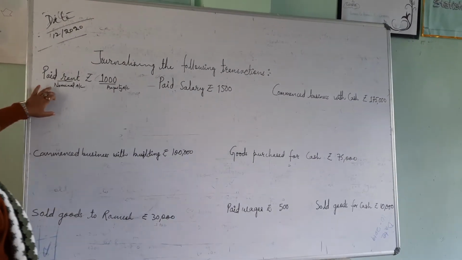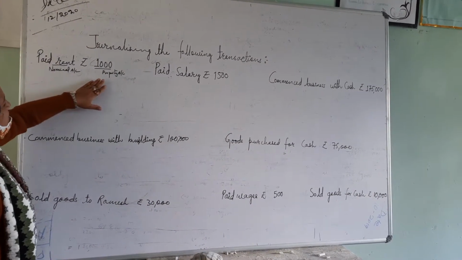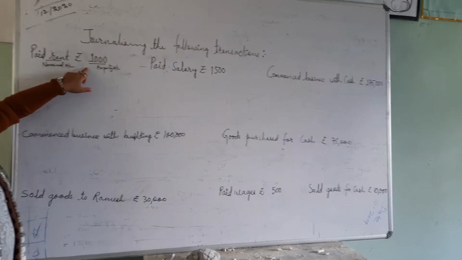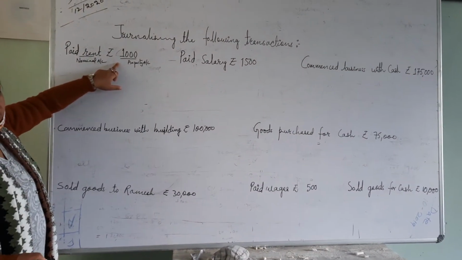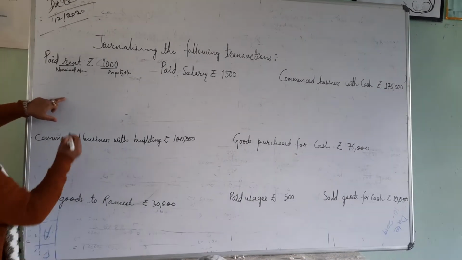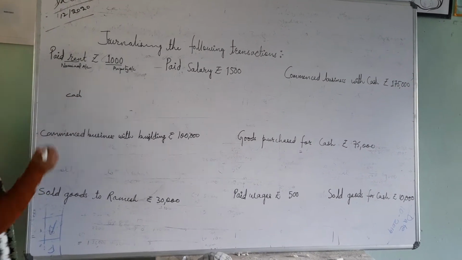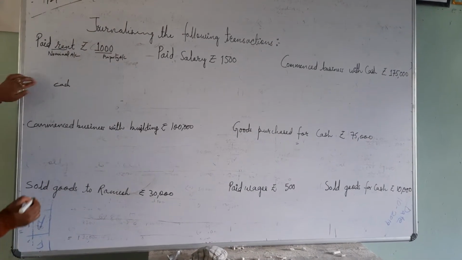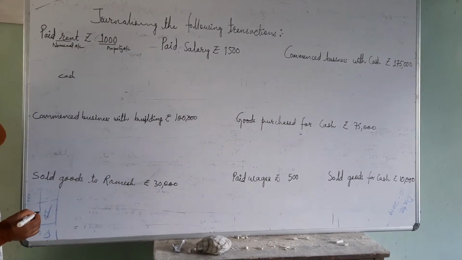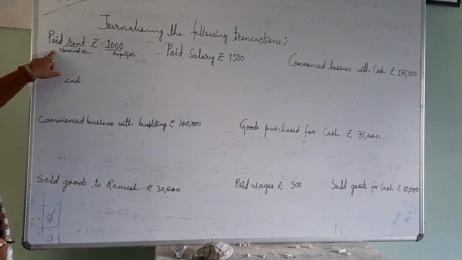So in this case, what comes in and what goes out? Cash goes out from the business, isn't it? So if cash goes out, then we will be writing it in the second line. We are writing here cash. So what will be in the debit? According to the nominal rule, rent is expenses. So debit all expenses, losses.